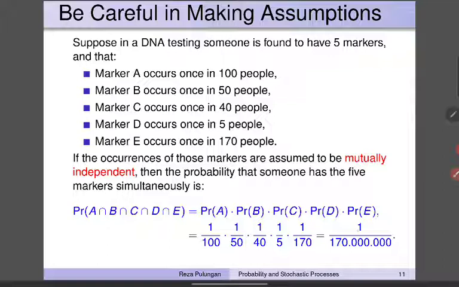That means that if you do this at random, then the probability of finding someone with these markers simultaneously is given by this probability, 1 in 170 million.